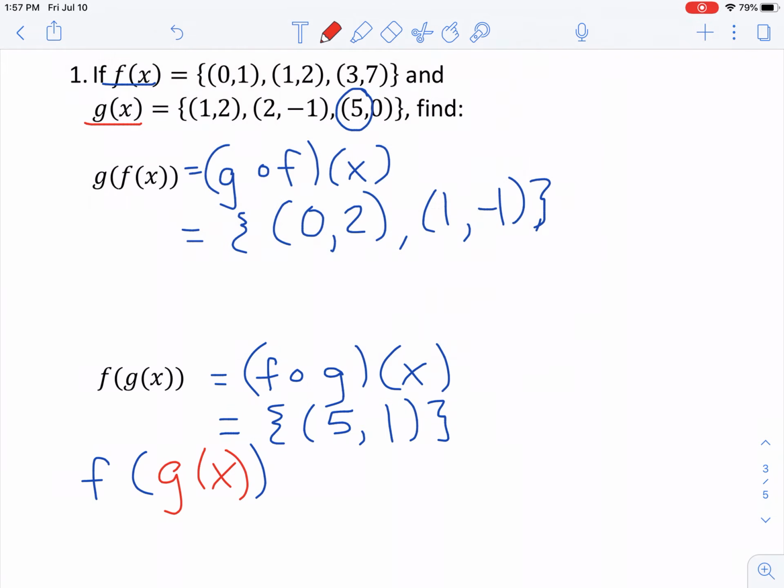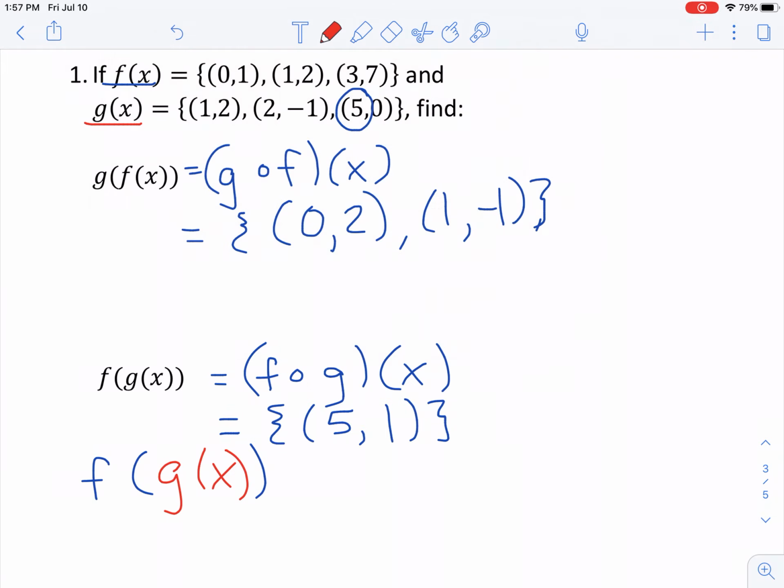So it acts on g of x, does something to it with f, and then it spits out f of g of x, which is our final answer. Okay, so we are going back up to find 0, because 0 was our output from g. It also becomes our input that goes into f. So now we go to f, and we find that input of 0, and then our final output is 1.